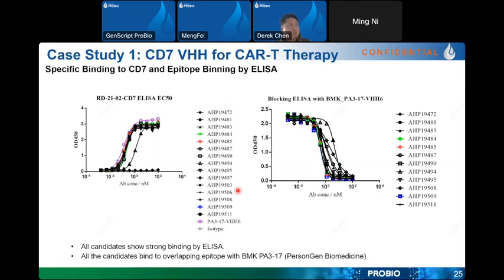In addition, ELISA binding affinities and epitope competition assays were carried out with the benchmark antibody, the PA3-17. All of these binders showed similar affinities and the same binding epitopes as the benchmark.